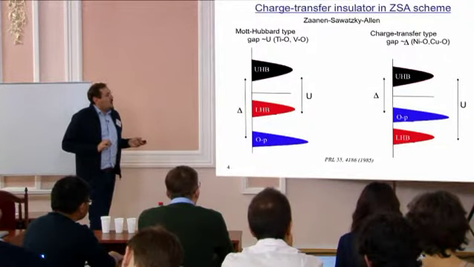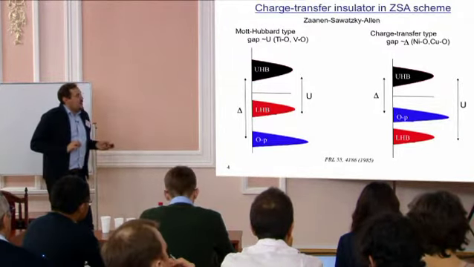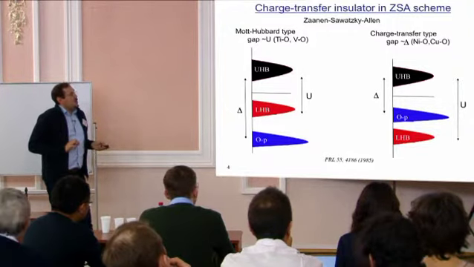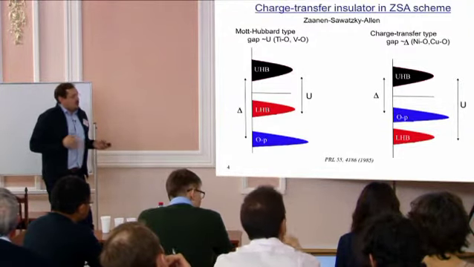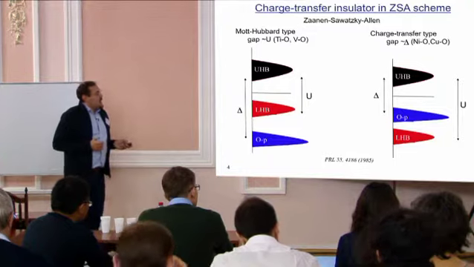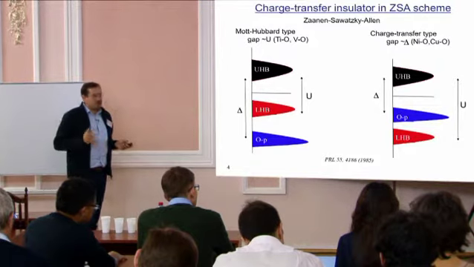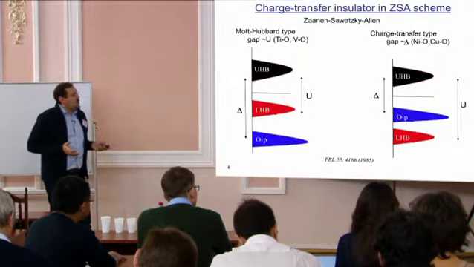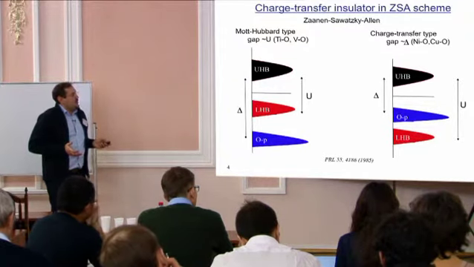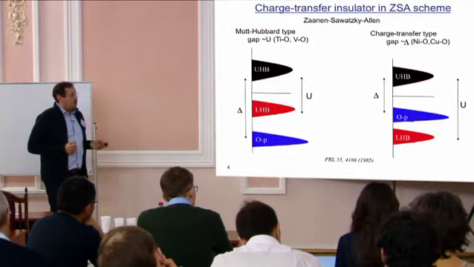In oxide systems with nickel and copper, there are oxygen 2p states that occur at or mix with the lower Hubbard band. This is a band formed by 3D states of nickel or copper, and the U value that separates the upper and lower Hubbard bands is much larger than the splitting between these oxygen p states and the upper Hubbard band.